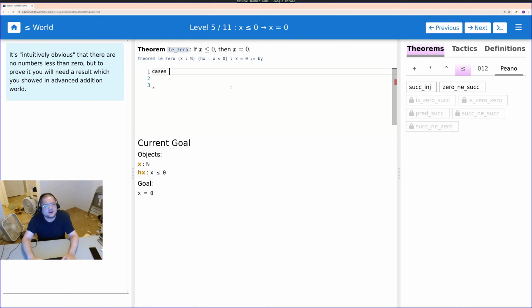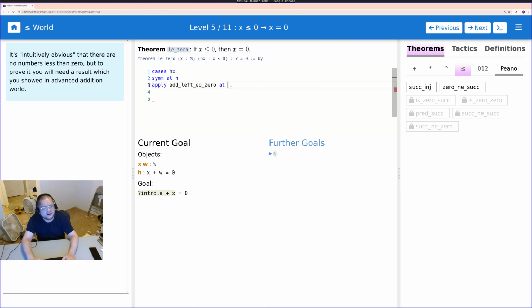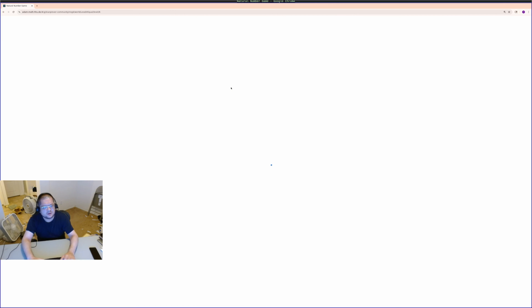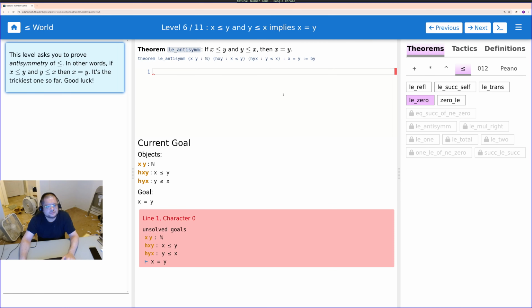Oh, cases hx, and we're going to simp at h, and then we're going to apply add left equals 0 at h, add right equals 0 h, okay, exact h. Let's break up hxy.